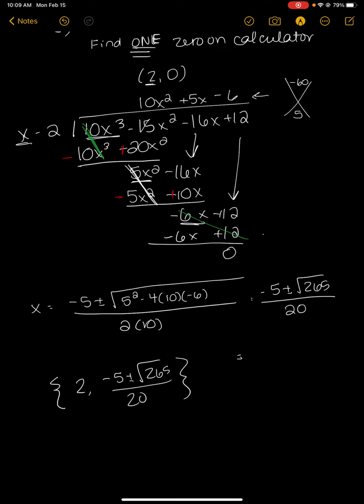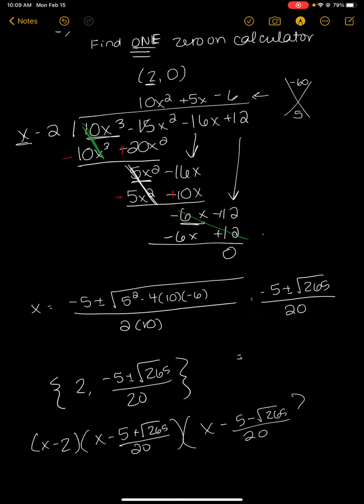And then in factored form, we would have x minus 2 times x minus the quantity negative 5 plus square root of 265 over 20, times x minus the quantity negative 5 minus square root of 265 over 20. So there you go. Technically, 10x squared plus 5x minus 6 could be considered in factored form, but we want to make sure we've got those zeros in there.